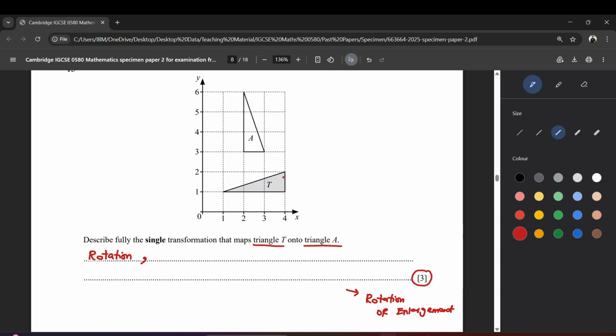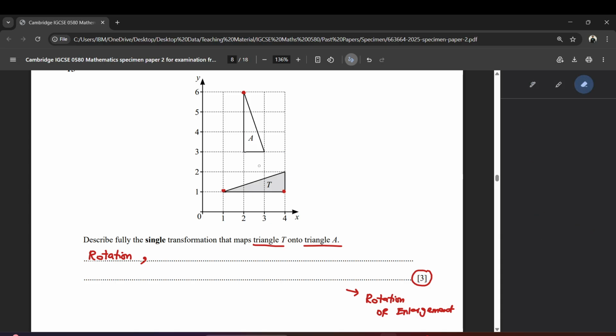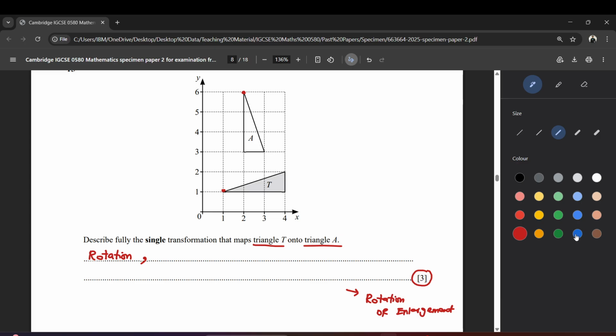Now, this is my object. If I look over here, this point has now become this point. This point was actually this one, right? So this point became this point. Let me just mark them with a different color. This was your point on the object, so this is the corresponding point on the image.